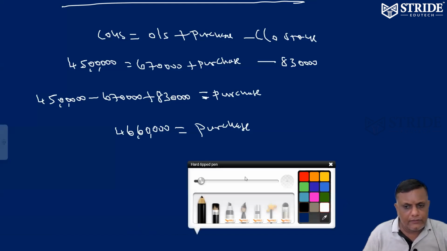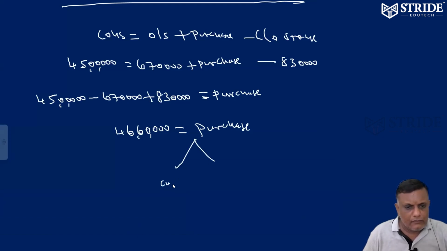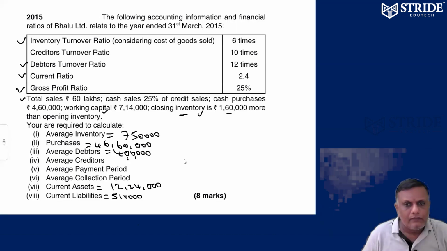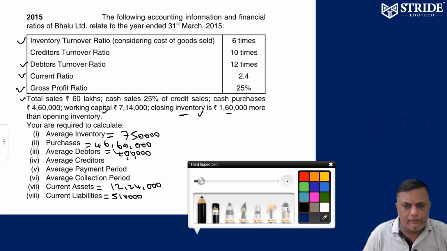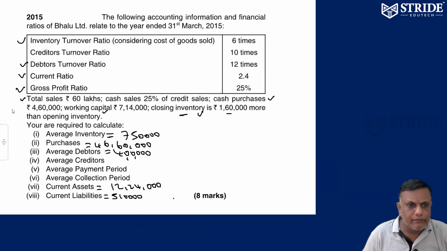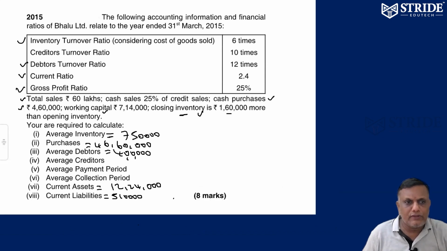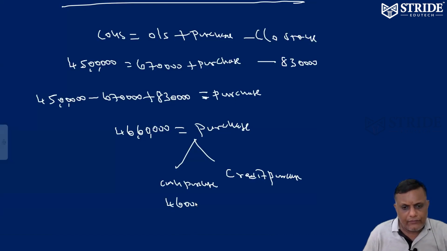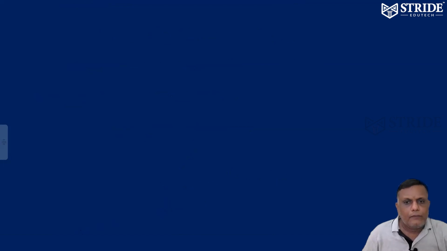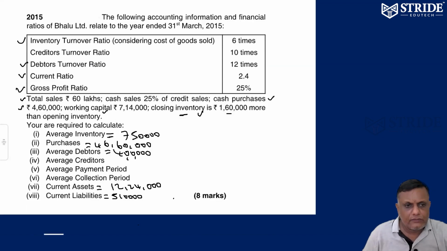Here there are two types of purchase. One is cash purchase, another is credit purchase. What is cash purchase? Cash purchase is 4,60,000.